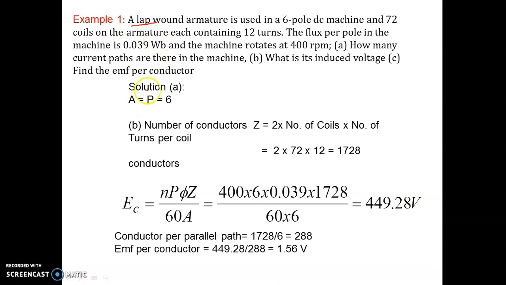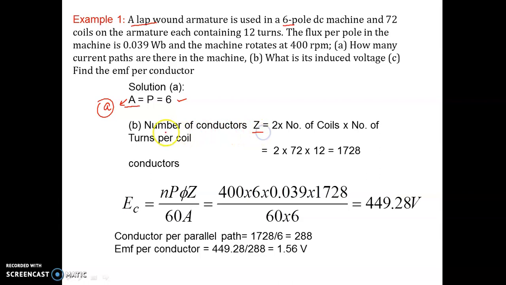So the question is, here it is given lap wound. So parallel path A, I have written earlier as a small a, will be equal to the number of poles. So parallel path will be equal to 6 because the machine has 6 poles and the winding is lap. So A will be equal to P. Now the number of conductors.